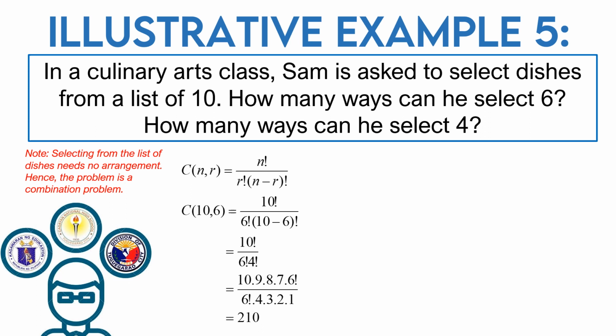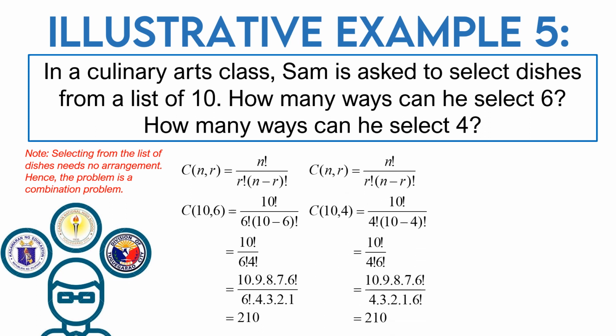Now, how many ways can he select 4 dishes from a list of 10 dishes? Again, we make use of the formula, combination of n objects taken r at a time. So that's 10 factorial all over 4 factorial times 10 minus 4 factorial, which simplifies to 10 factorial over 4 factorial times 6 factorial.